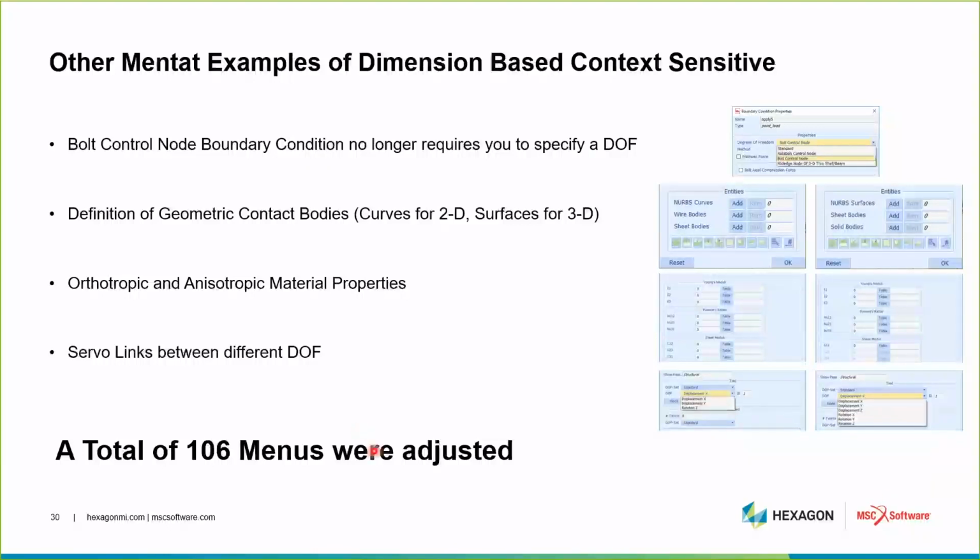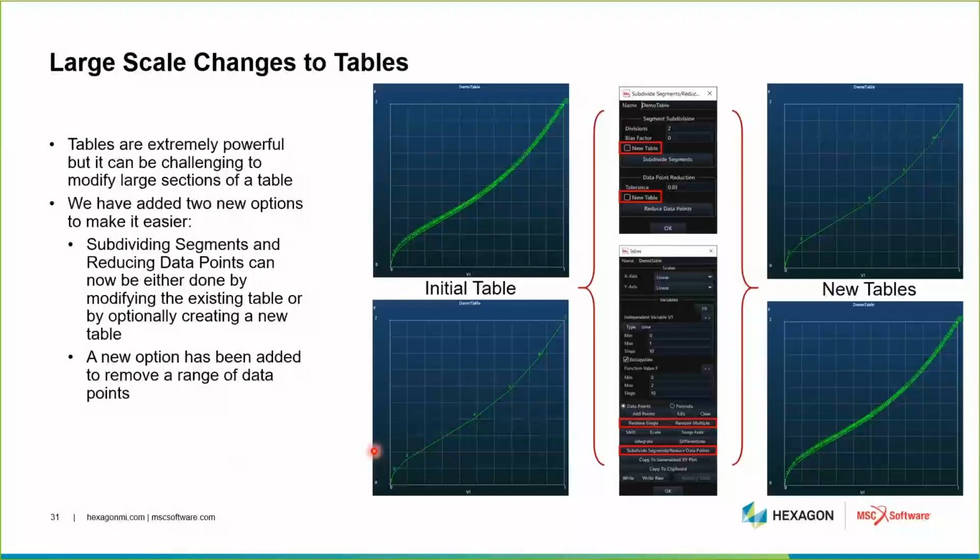So 106 menus were adjusted in the end. This was an incredible amount of work that was done by the team. And again, this context-sensitive nature of the tool really improves the usability, we feel, of the product. If you see something that we happen to miss, please let us know. But we really worked hard on this, and I think it's a good start. More to come in future releases around that.